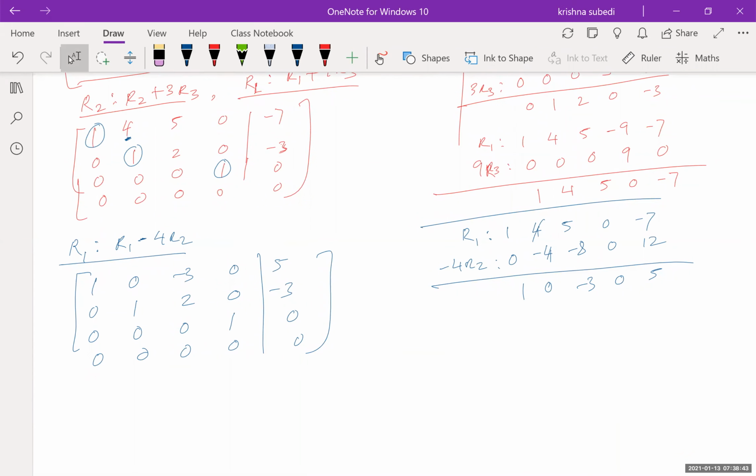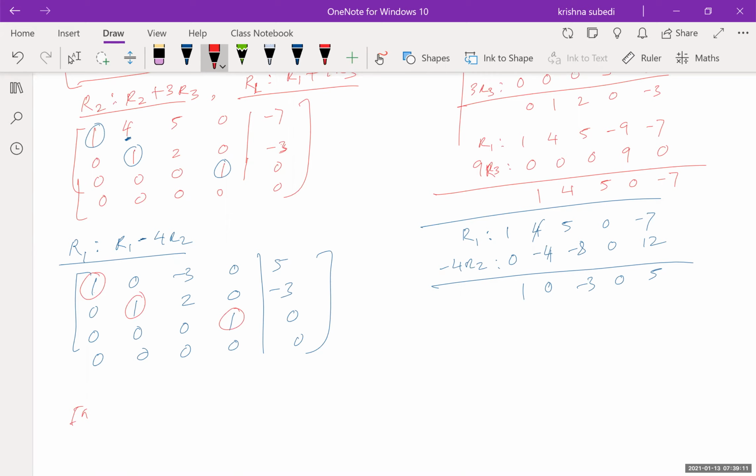So what are those extra two properties? All of the pivots must be 1. Yes, all these are the 3 pivots and all of them are 1. And in each pivot column, that one pivot is the only non-zero number. Every other element on that column must be 0.